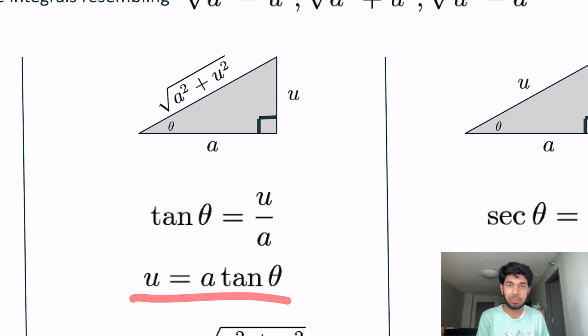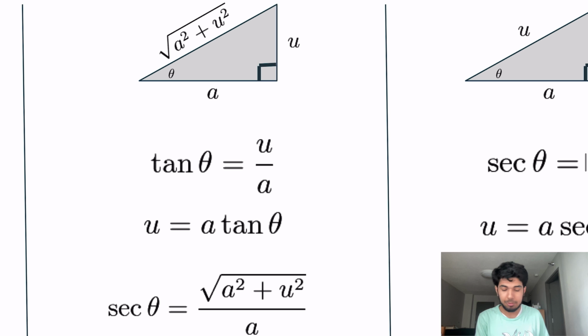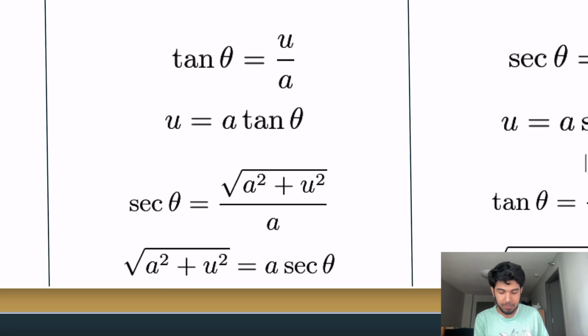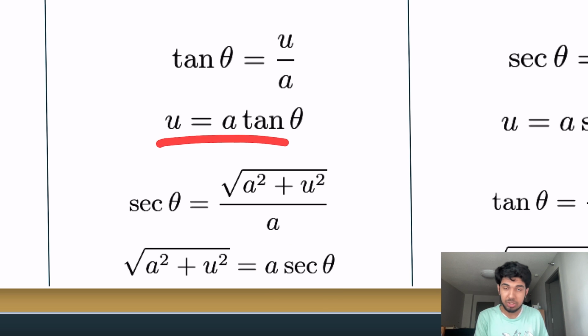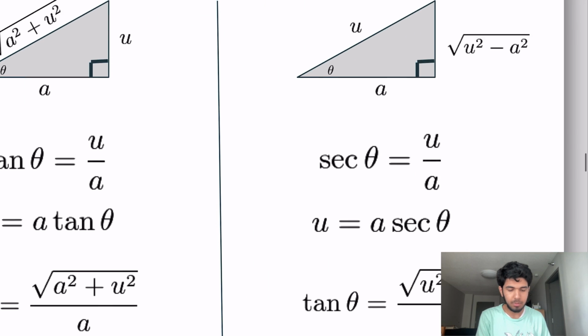This will be helpful in calculating du. And if we consider the secant of theta, that's equal to the square root of a squared plus u squared all over a. And because of that, we can solve for the square root of a squared plus u squared equal to a secant theta. So we can do this substitution, solve for du, get it in terms of theta, do all of those substitutions, and we'll be in the world of theta.